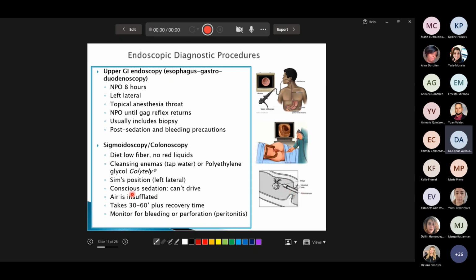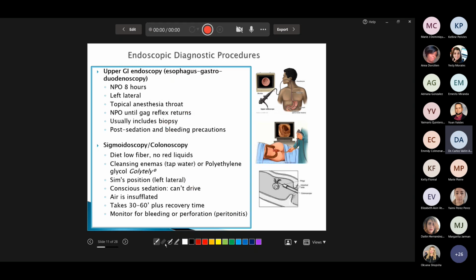So it's normal to have abdominal distension and bloating after the procedure. This procedure, either the upper GI endoscopy or the colonoscopy, requires between 30 to 60 minutes to be done, plus the time to recover from the sedation. And again, there is bleeding precaution.